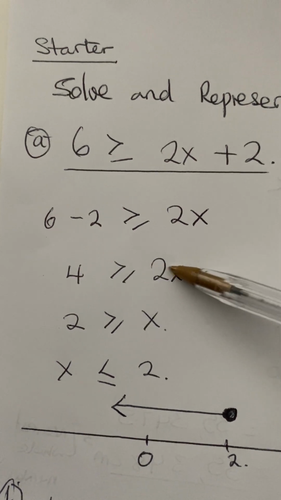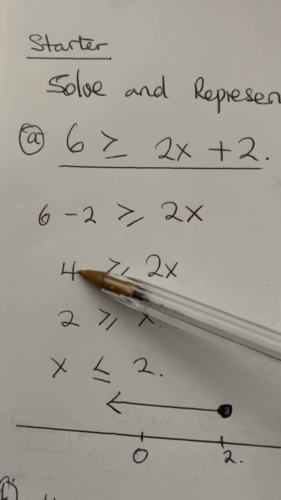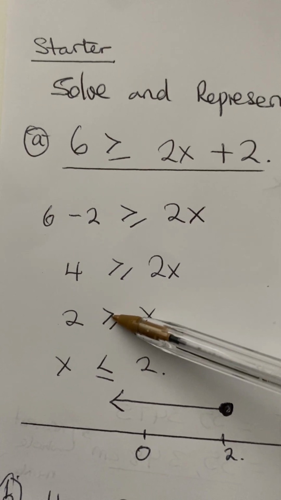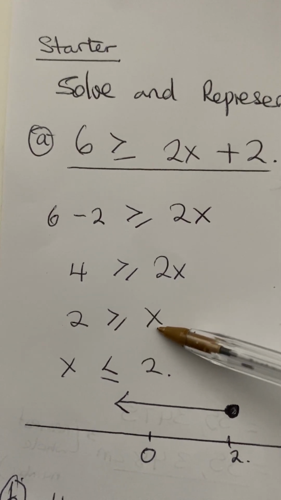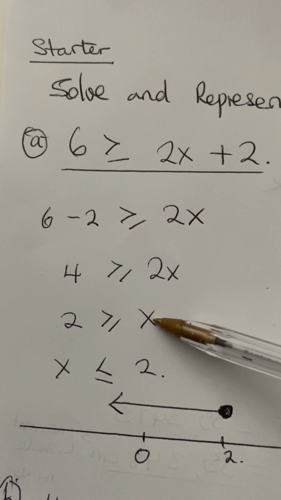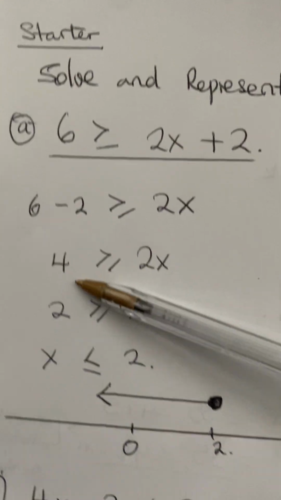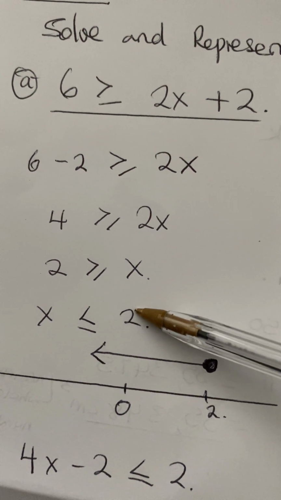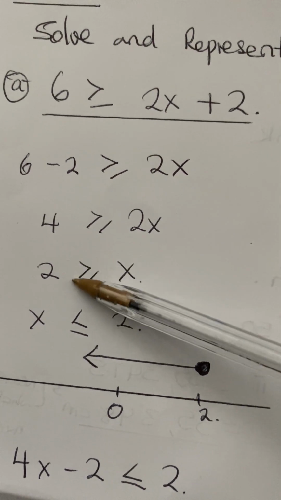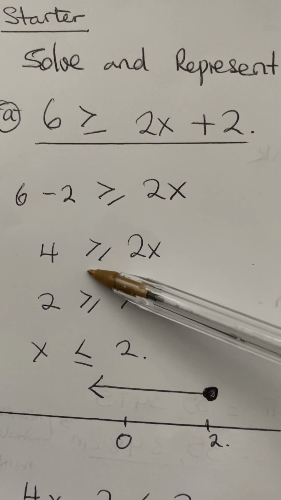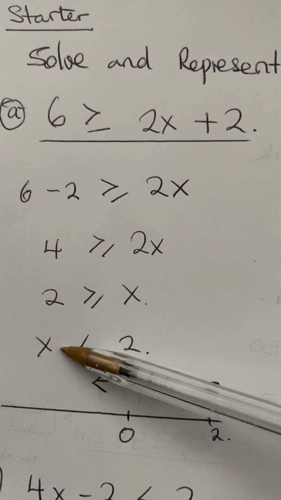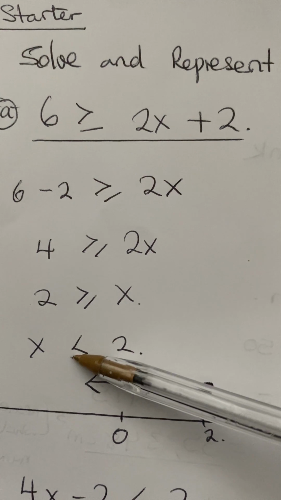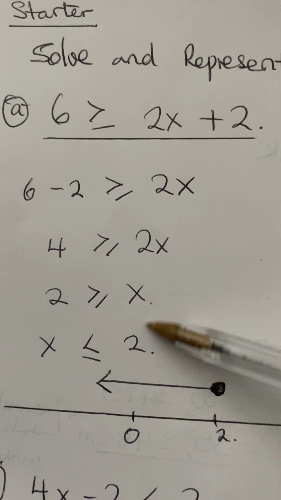When we divide both sides by 2, we have 2 greater or equal to x. But if we flip it around, the inequality sign changes. So we have x less or equal to 2.